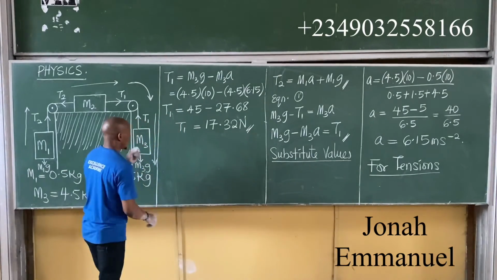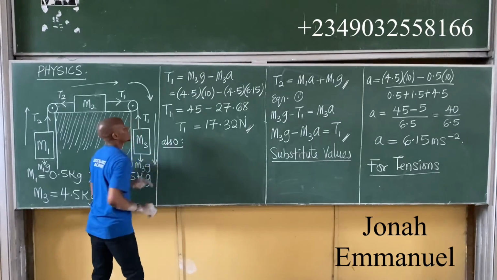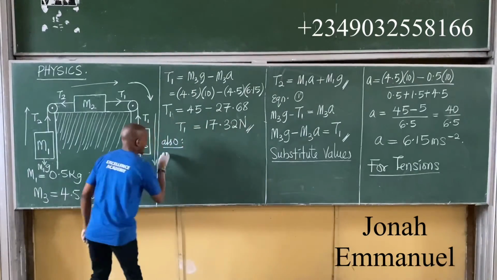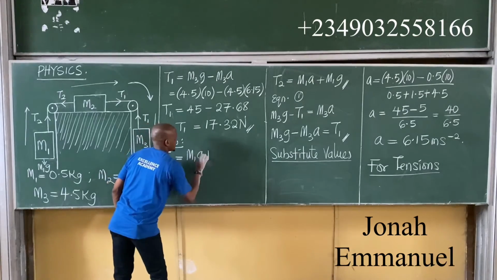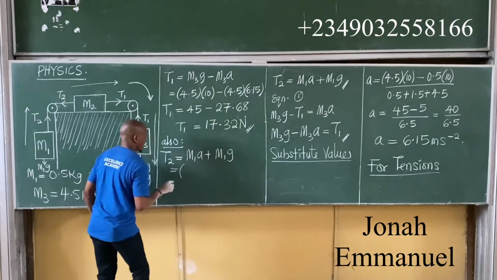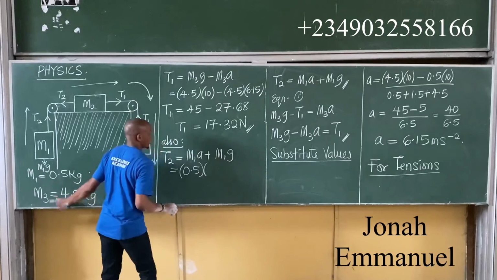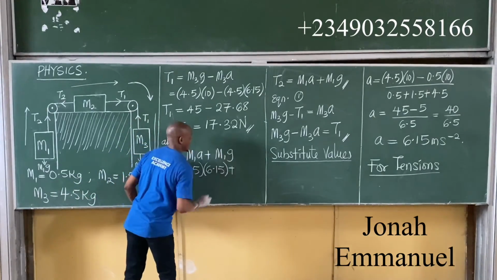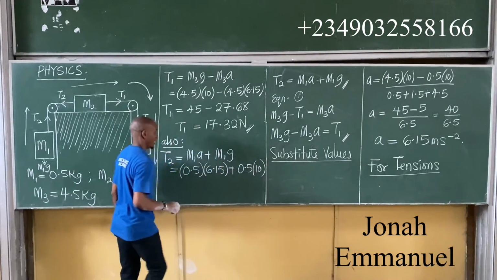Let's get T2. Also, let's get T2 from this equation here. It seems that T2 is equal to M1A plus M1G. That's equal to M1, which is 0.5, times A, A is 6.15, plus M1, 0.5, into G, 10.